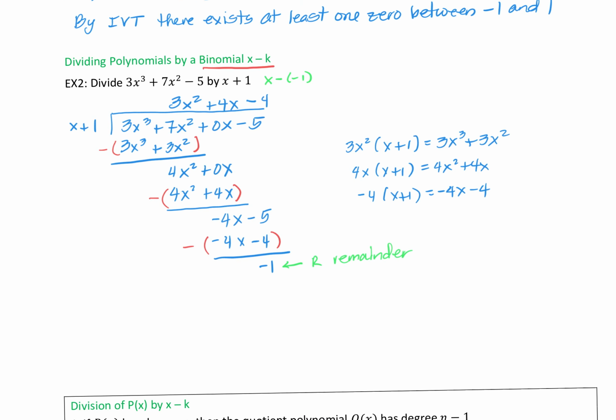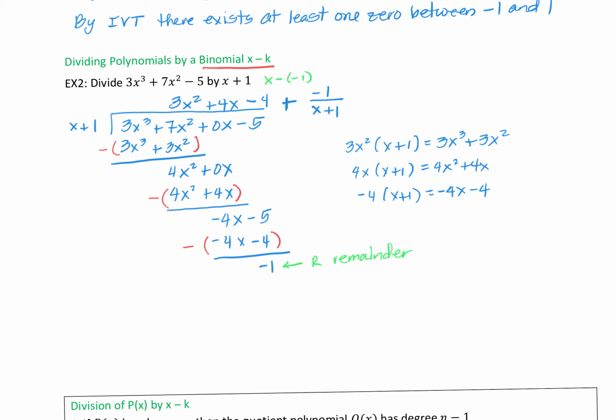How we write our solution is always the 3x squared plus 4x minus 4, that would be what we call our quotient. And it's always quotient plus remainder over the divisor, which is x plus 1. So it doesn't matter if the remainder is negative or positive, it's always a plus remainder over divisor.